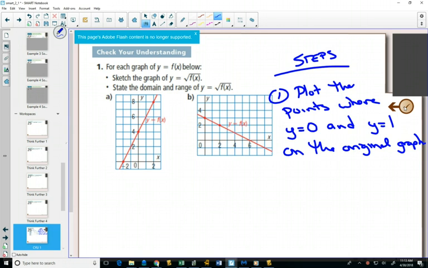Sometimes you won't have those points. So in A, do we have any x-intercepts where the y value is 0? Yes. We have one right here at -2, 0.